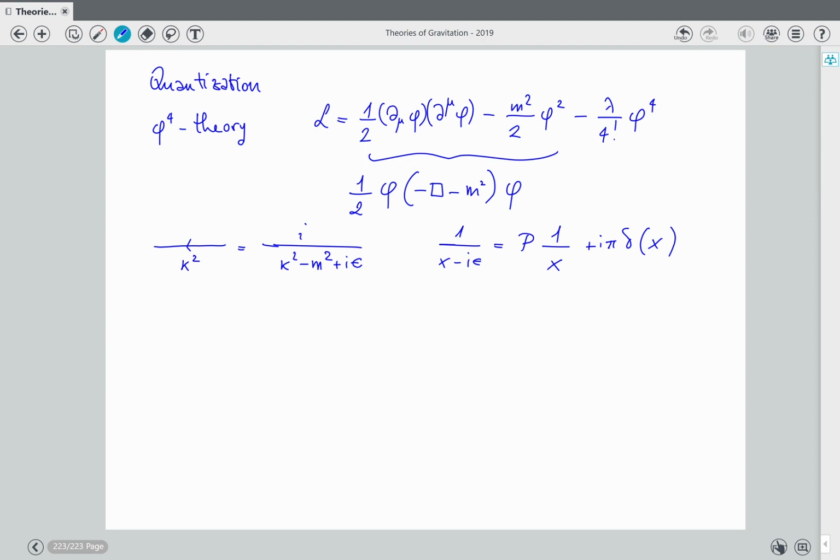So this plus i epsilon gives a contribution which is precisely the on-shell contribution, because this will be equal to i principal value of 1 divided by k squared minus m squared. And since here we have plus and here we have minus, we have to complex conjugate. There you have minus i pi something on shell. That delta is on shell.